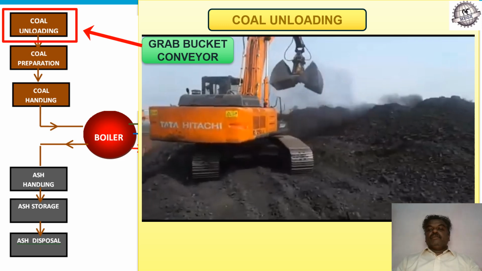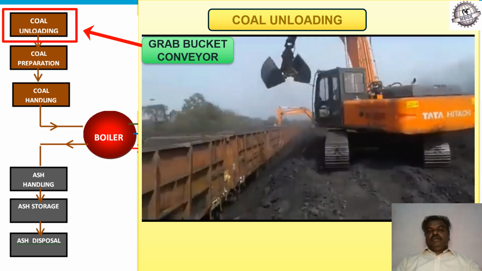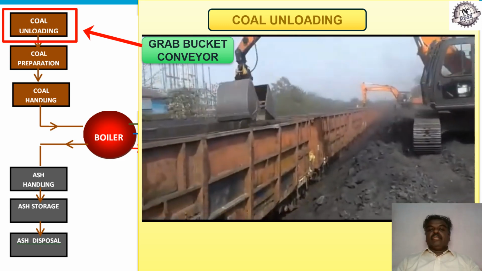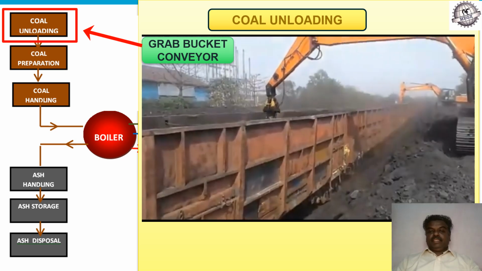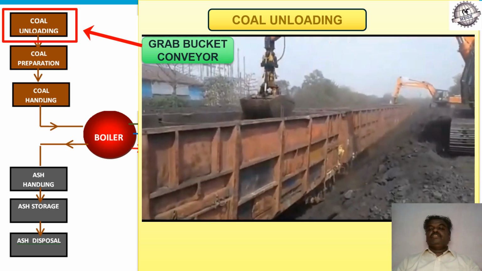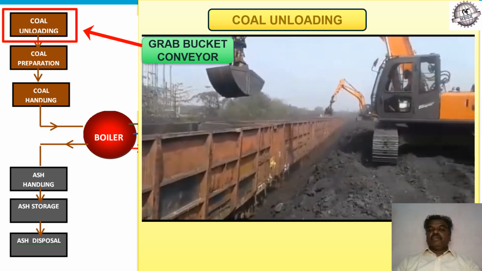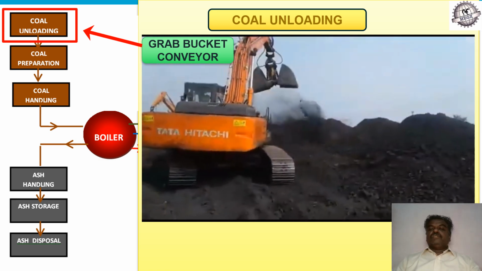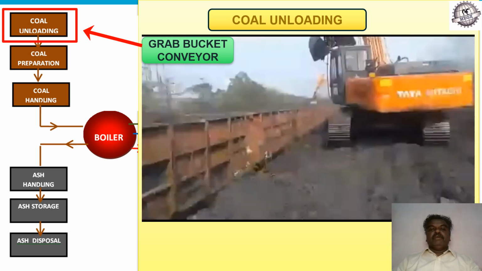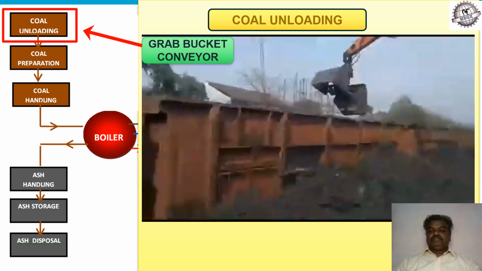This grab bucket could be used to pick up and deliver the coal from trains or trucks or ships. So the coal could be transferred through a smaller distance by means of these grab buckets.